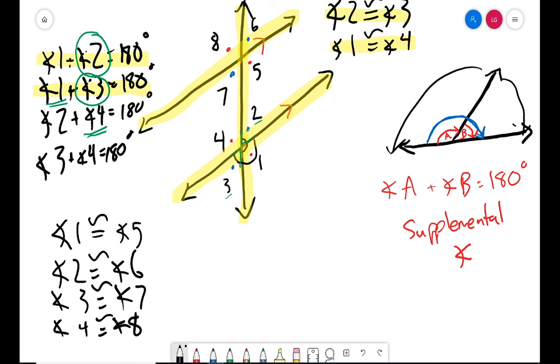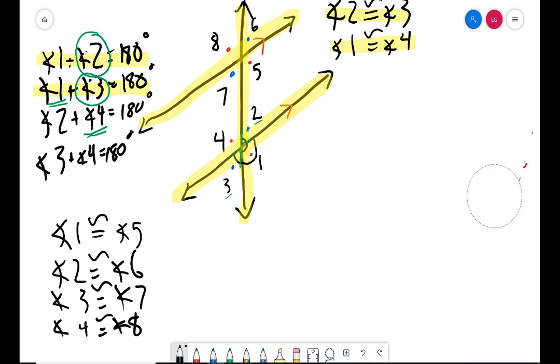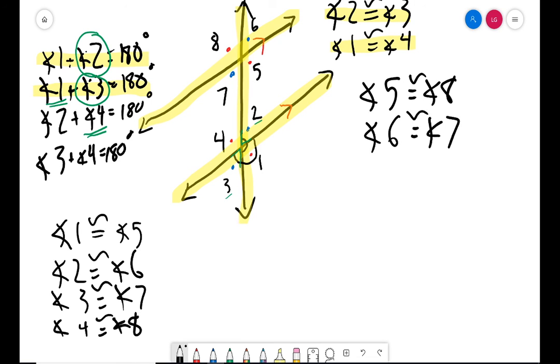Because in the same way that we had these two, and let me erase this supplemental stuff here, we also get 5 is congruent to 8, and 6 is congruent to 7 for the same reason as these two relationships above, because they're supplemental angles to the same angle, and therefore they must be the same.